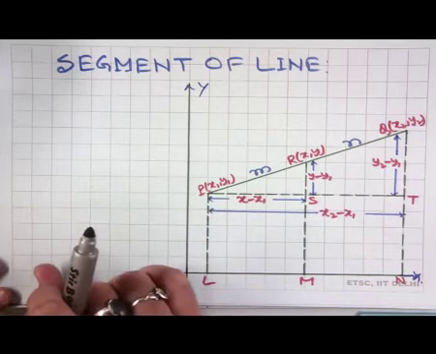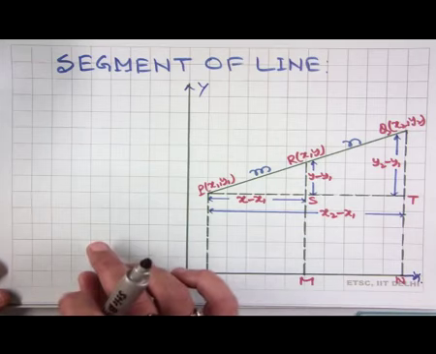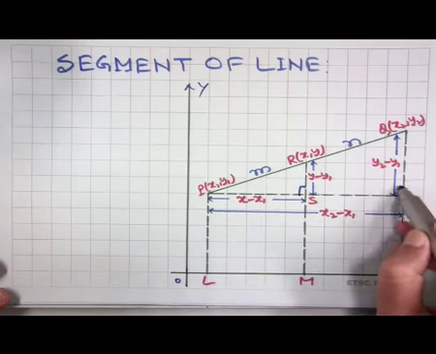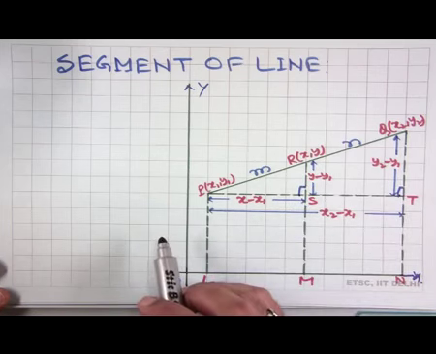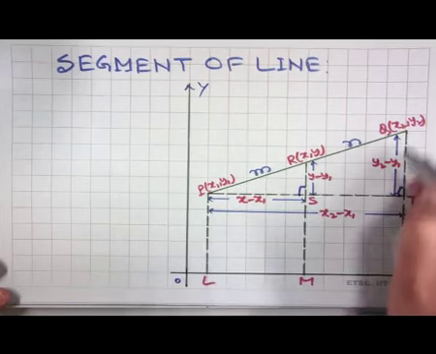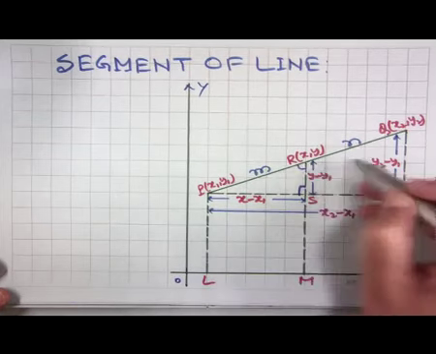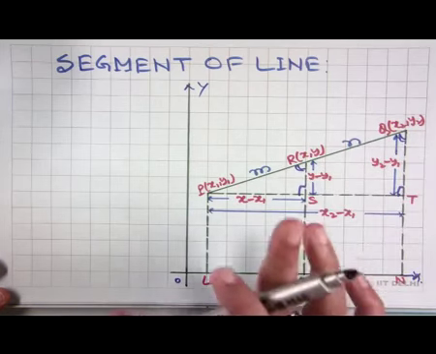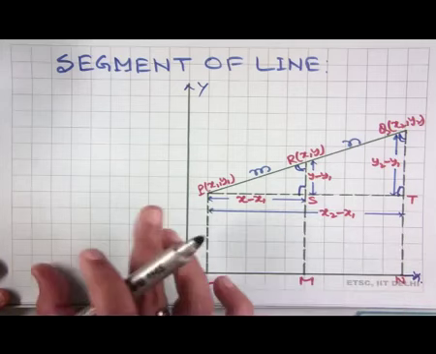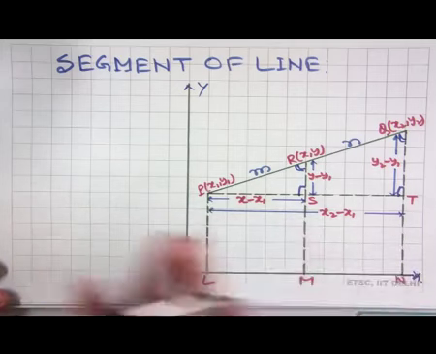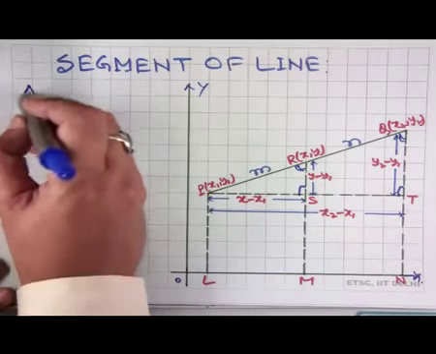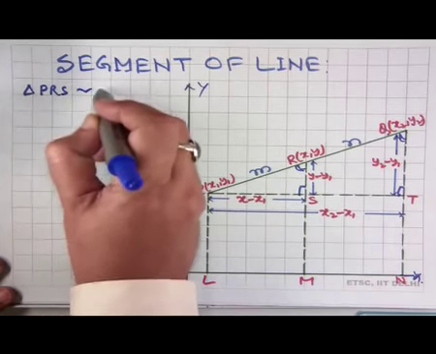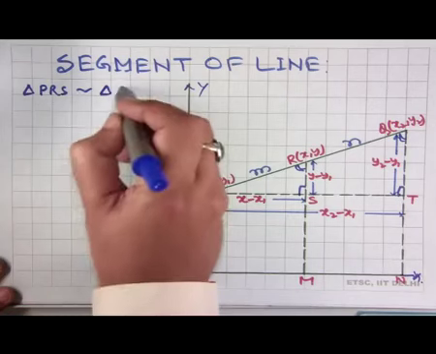Why? By using the properties of similarity of triangles, this angle is 90 degrees, this angle is 90 degrees. These two lines are parallel, so these angles are equal, corresponding angles. So by the angle property, triangle PRS is similar to triangle PQT.